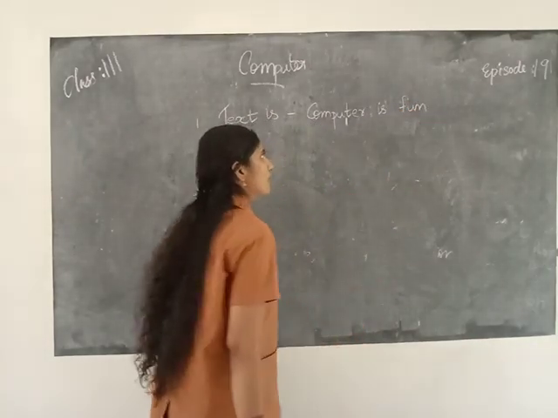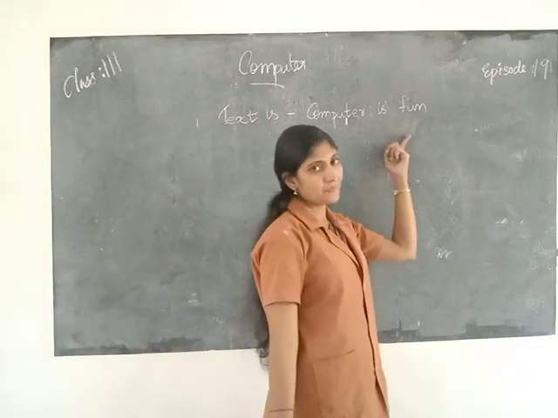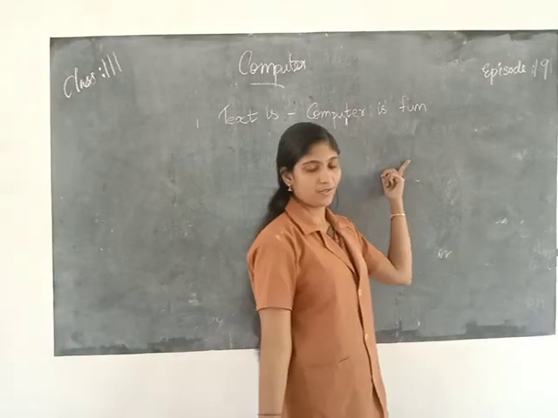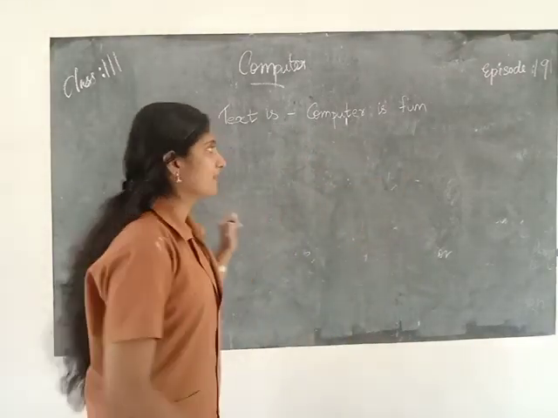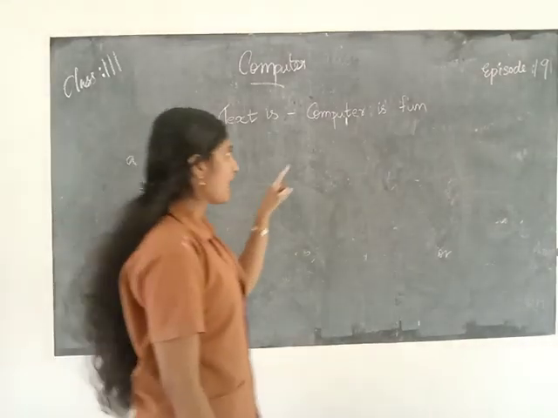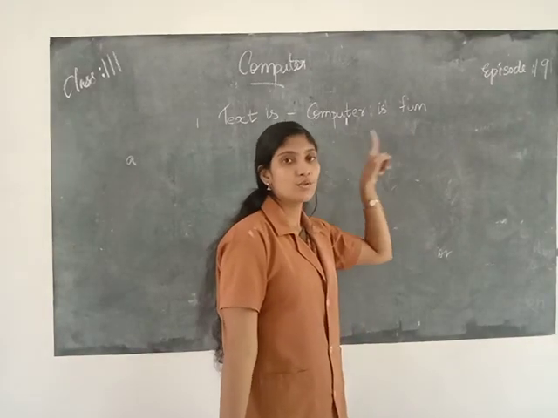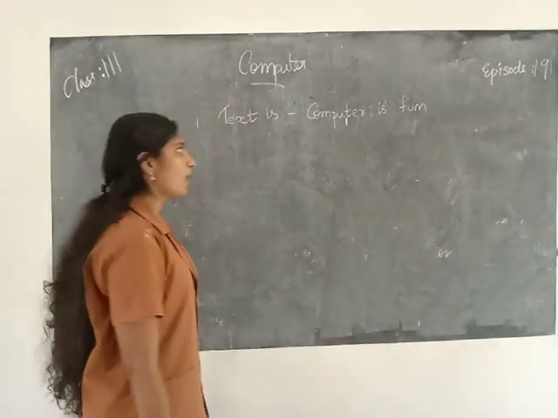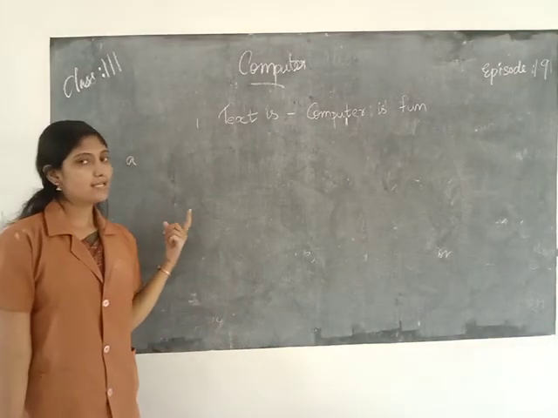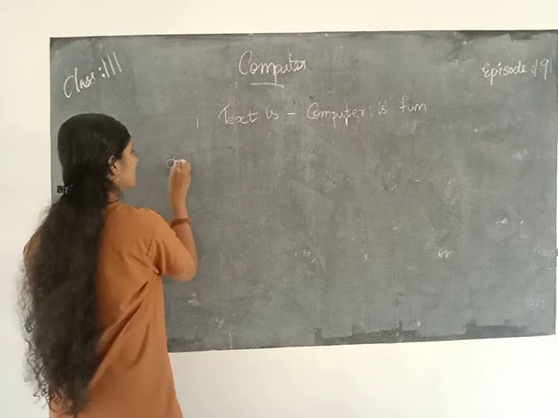First, you need to type the sentence "computer is fun" using your keyboard, right? Okay. Then, first question, change the size of the font to 36. So, what are the steps to change a font size? First, click the Home tab.